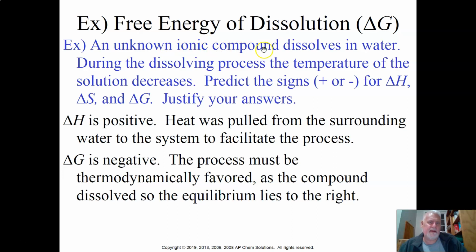An unknown ionic compound dissolves, right away you know delta G is negative. It's thermodynamically favored.